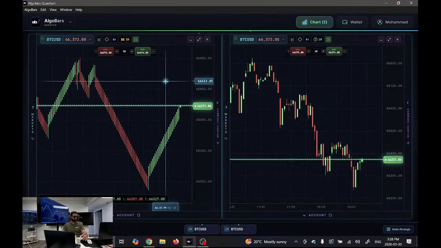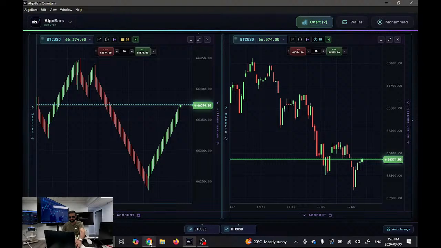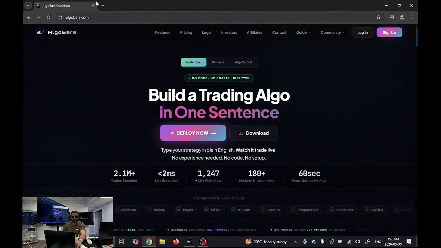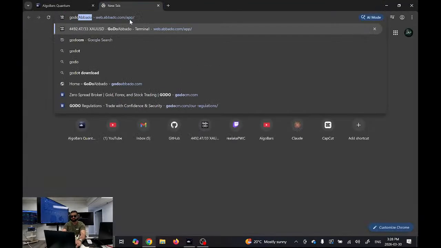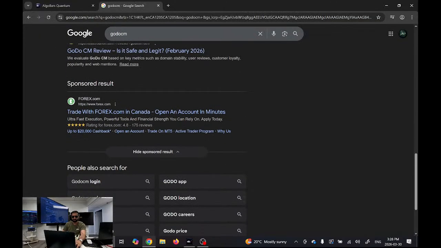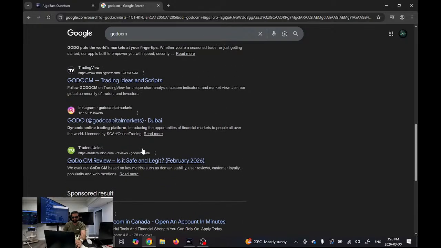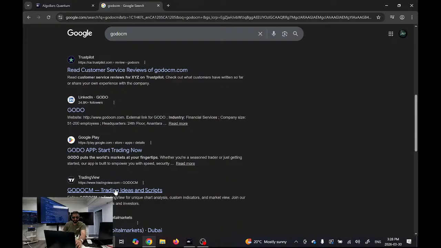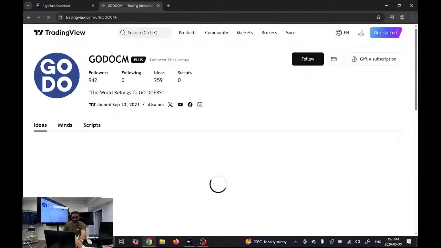Can't find GoDo on WikiFX. Huh, that's weird. GoDo CM. I mean, it's right here on Traders Union, TradingView. TradingView has it. Look, GoDo CM.